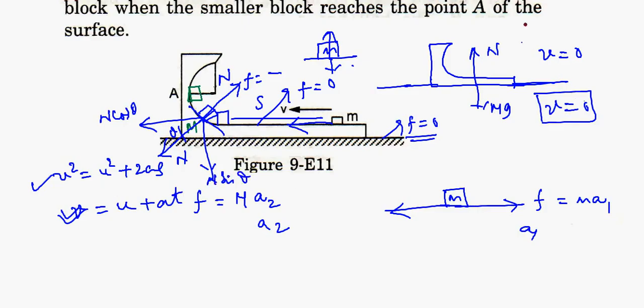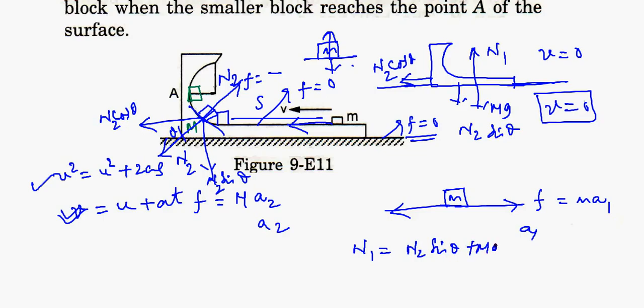Now, on the bigger block, a net horizontal force is acting this way, N cos theta. Say this is N1, this is N2. In the vertical direction, there will be one more force, N2 sin theta, and they will be balanced. That is N1 will be N2 sin theta plus Mg.